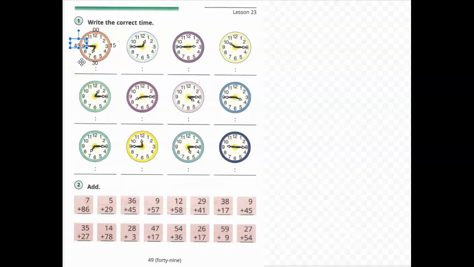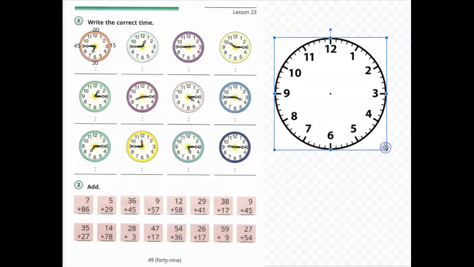So those are the ones we need to know, because when we count by fives, right, here's our bigger clock for us to look at. When we start right here and we move to the 1, that's 5 minutes. See these little notches in here, right? This is 1 minute, 2 minutes, 3 minutes, 4 minutes, 5 minutes. Okay?